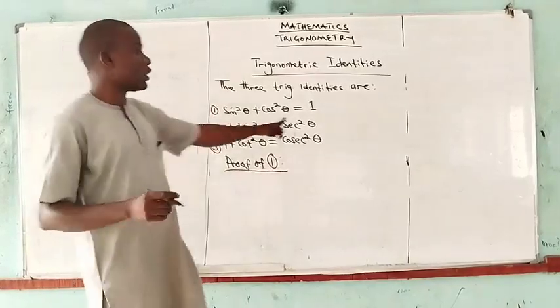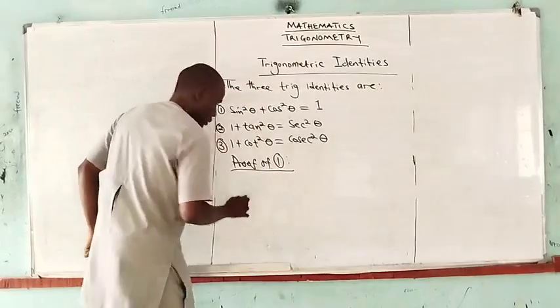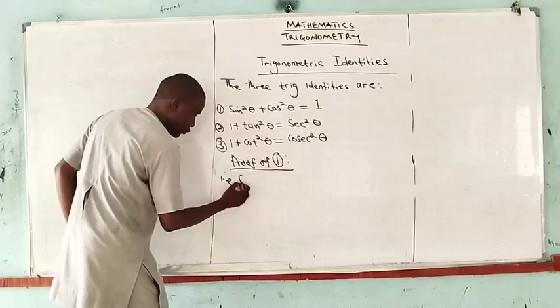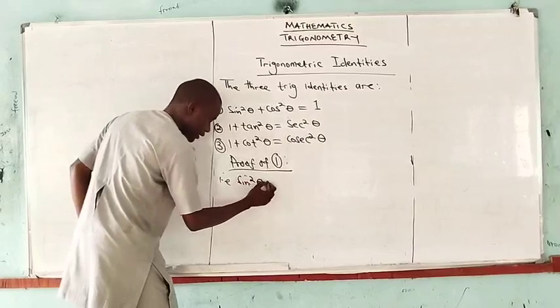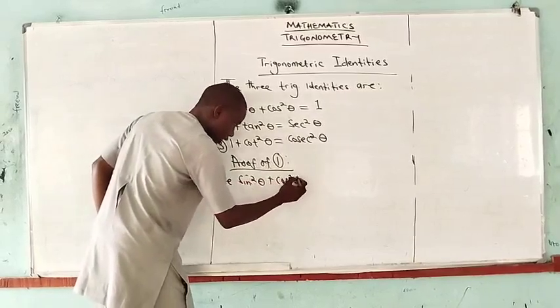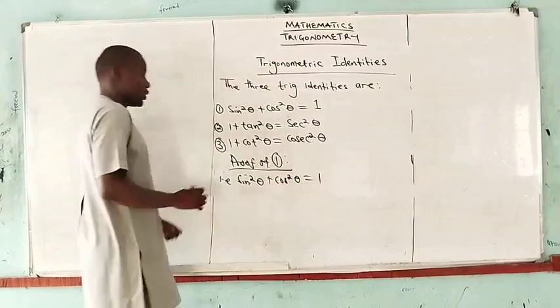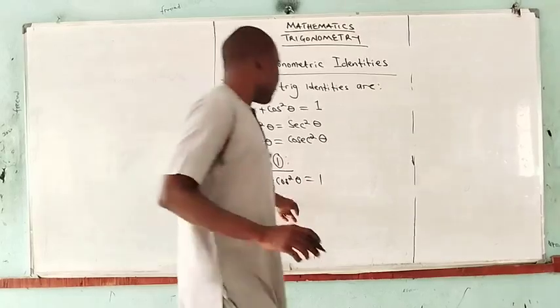Now we want to prove this: sin square theta plus cos square theta is equal to 1. So look at this.